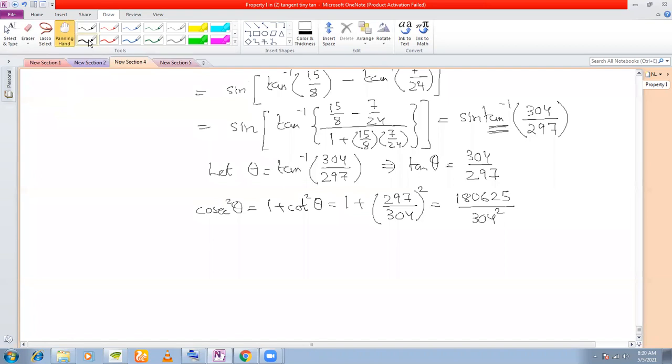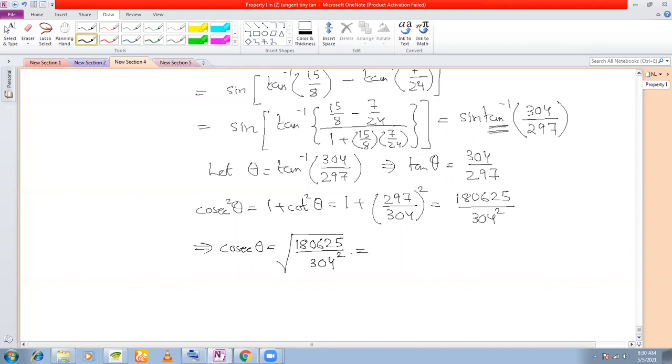Deliberately, I have not squared 304 because I'll be taking the square root. That is why. So cosec theta will be equal to the square root of 180625 divided by 304 square.